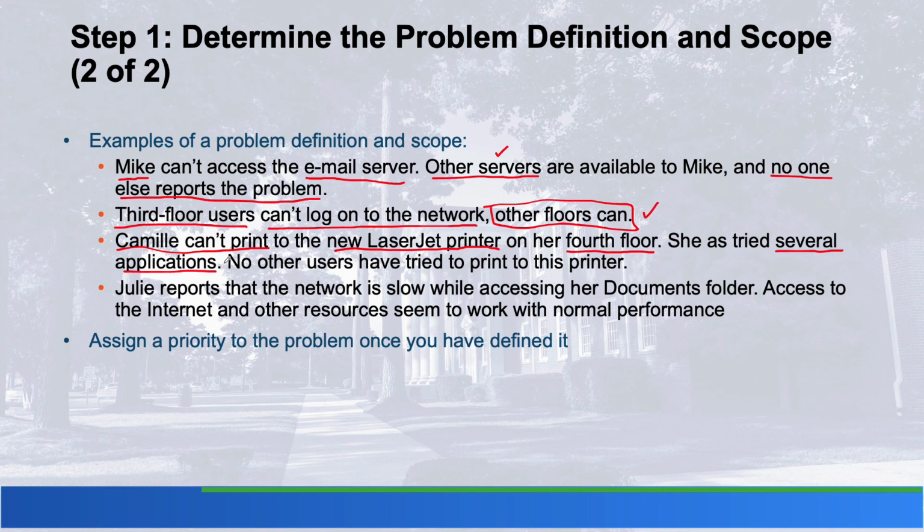Since we're lacking information, what we might try to do is go to the next door neighbor and see if the next door neighbor has printed to it, if it works. If the next door neighbors can't print to it either, I would look at the LaserJet printer rather than the user.